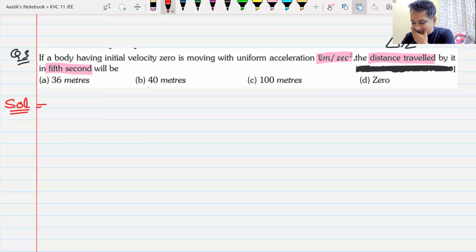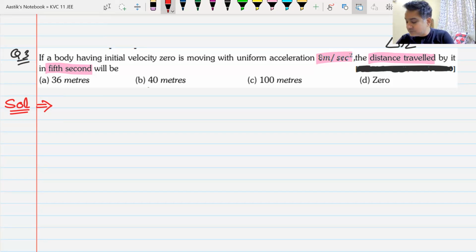The thing that you have to understand here is which formula are you supposed to use? 1, 2, 3, 4. Which one? And the answer is 4, my dear friend.